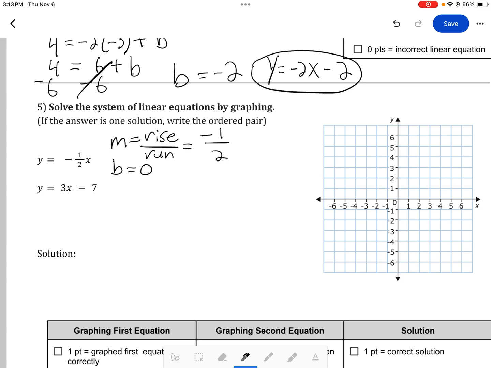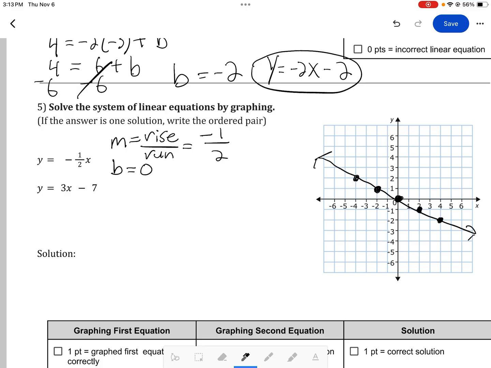So I'm going to start by plotting a point at 0 on the y-axis. I'm going to go down 1 and to the right 2, and then I'm going to do the opposite. I'm going to go up 1 and to the left 2. I'm going to do it again, up 1, left 2, down 1, right 2. And then draw my line.